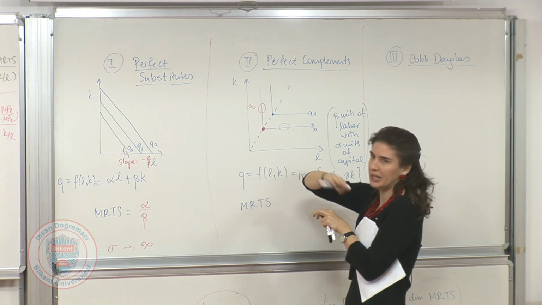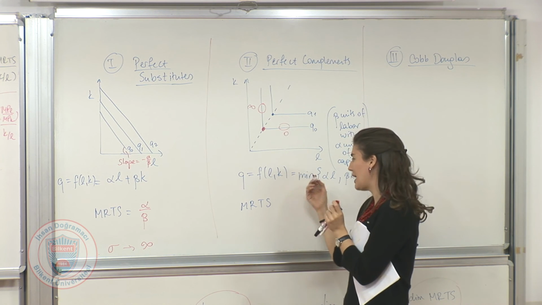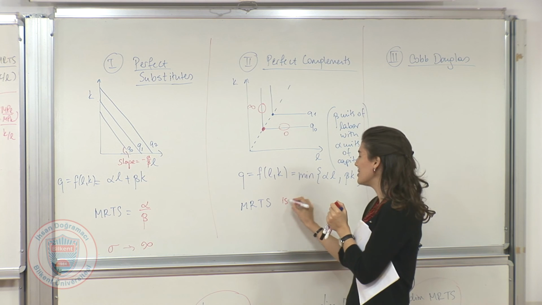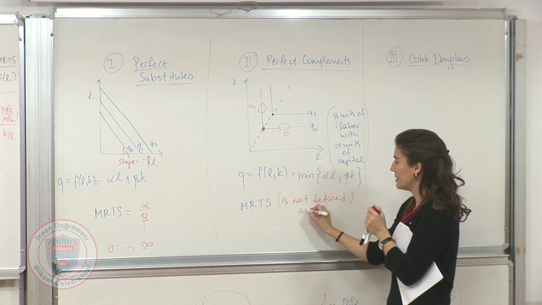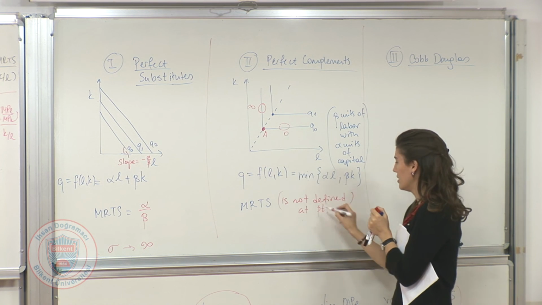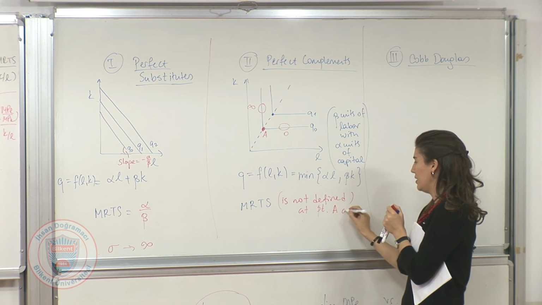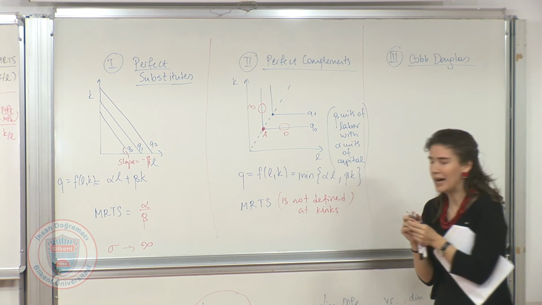And the slope here is flat, 0. So you see, we can actually say it is not defined at this point, let's say point A, at the kink.